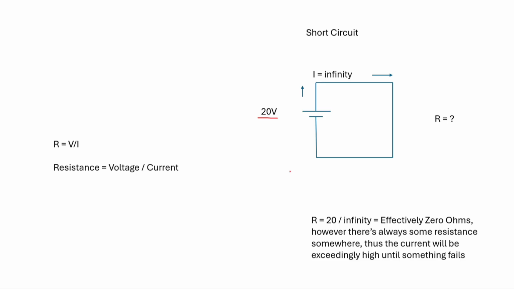And there really is no one definition of how much current's going to flow, because let's look at our equation. Resistance is equal to voltage divided by current. And with a short circuit, there is no limiting factor as to how much current can flow here.